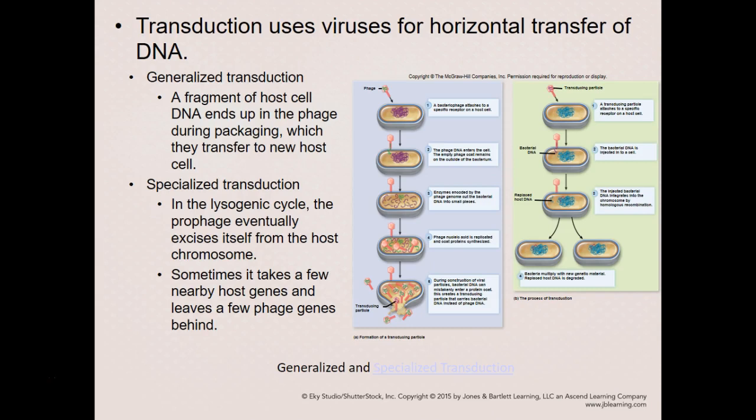Transduction then is the movement of genes from one cell to another using a bacterial virus or bacteriophage. There are two types of transduction, generalized and specialized. In generalized transduction, a bacteriophage infects a bacterial cell.